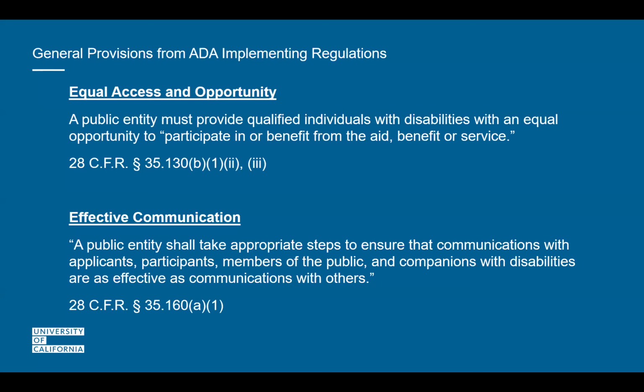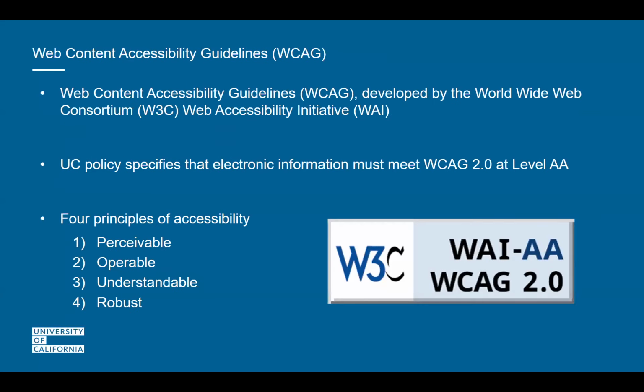So what does this mean in practice? How do you actually figure out if online content is accessible? One set of resources to help answer that question are the Web Content Accessibility Guidelines, known as WCAG.